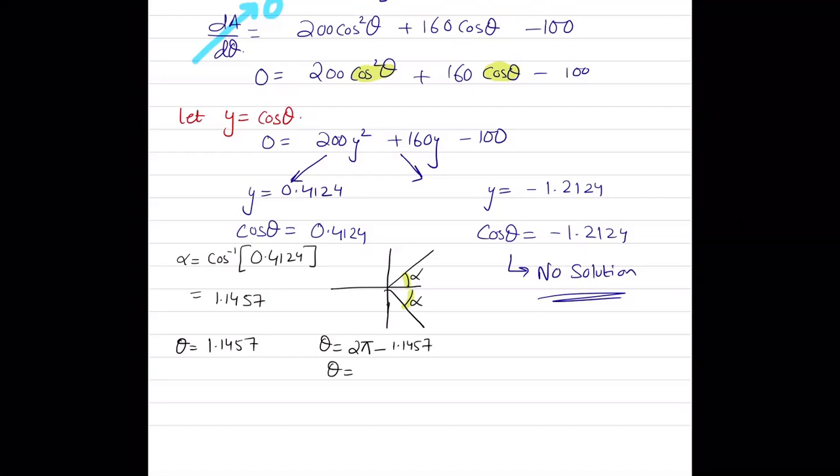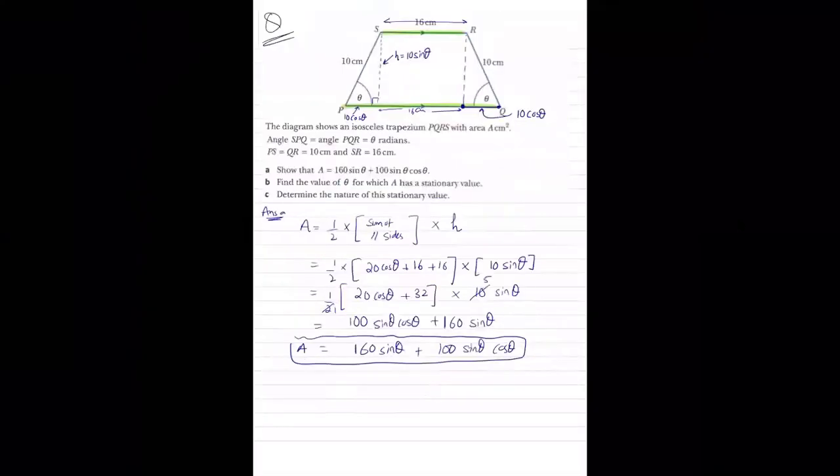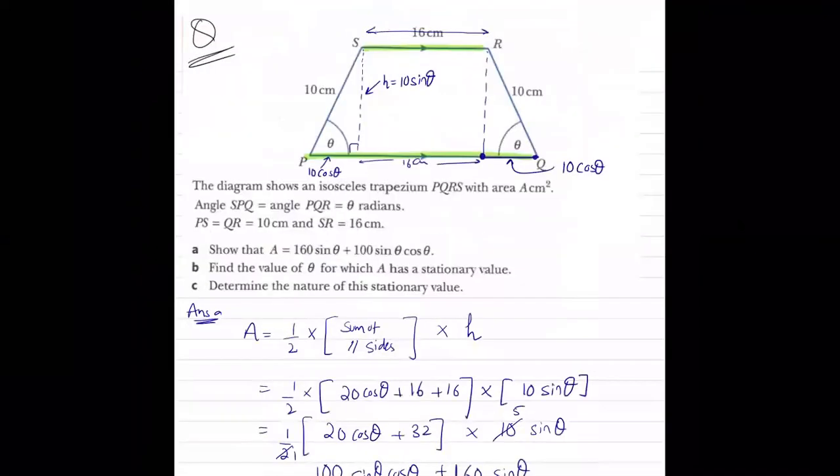So what is the answer coming? 2 pi minus 1.1457 is 5.1374. Okay. But does the question mention any range about theta? No, right?